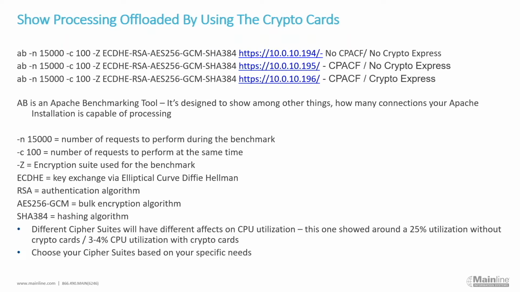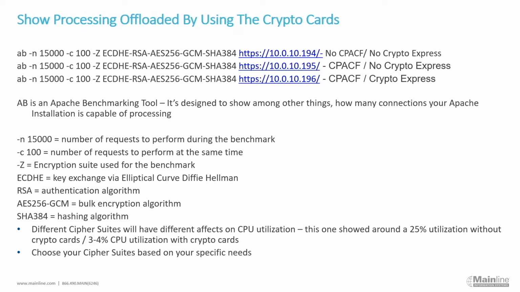This is an elliptical curve cipher suite, and it's going to use significantly less CPU, but it will still show a reduction. It still uses some CPU even with the crypto card. So you have to choose the best cipher suites that are right for your shop, and you'll probably have a range of them that you'll prioritize and use. You'll see different outcomes depending on which cipher suites you actually use.